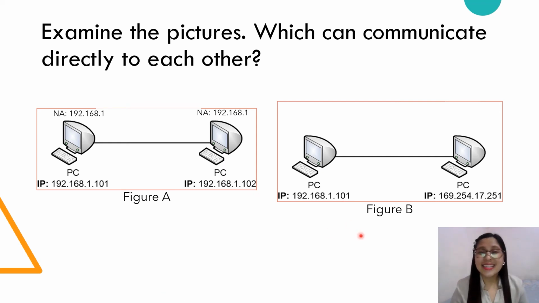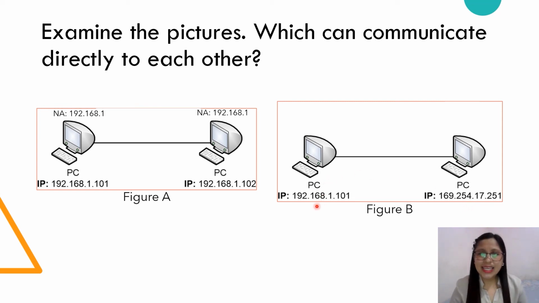Now, let us examine the second diagram. The first PC has an IP address of 192.168.1.101, and the other has 169.254.17.251.